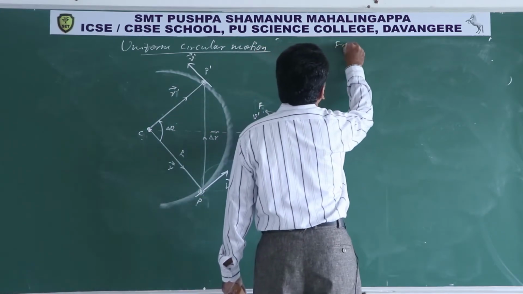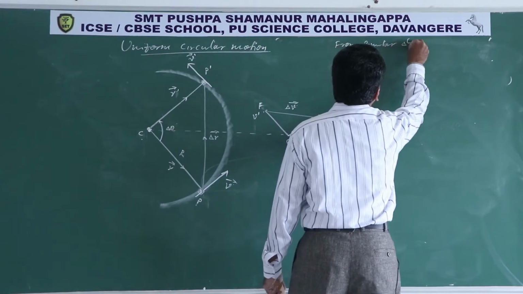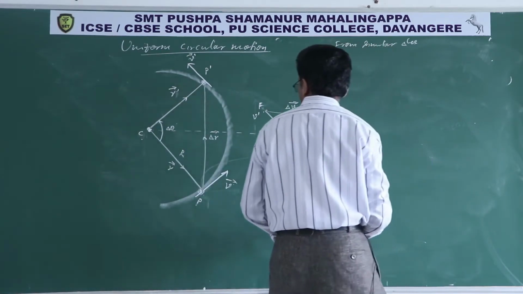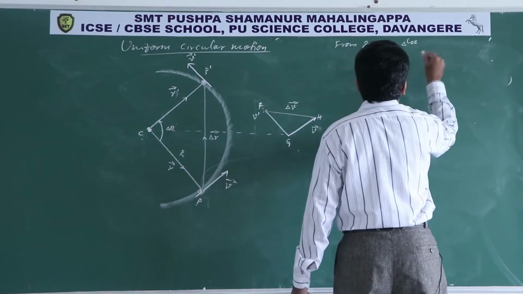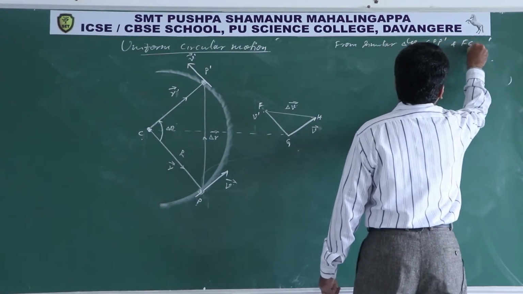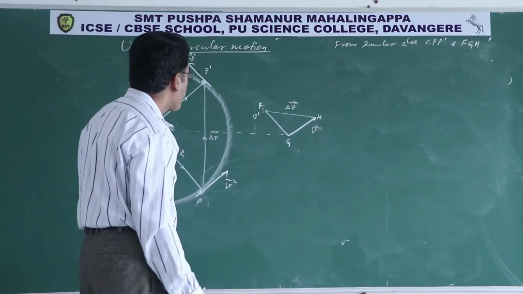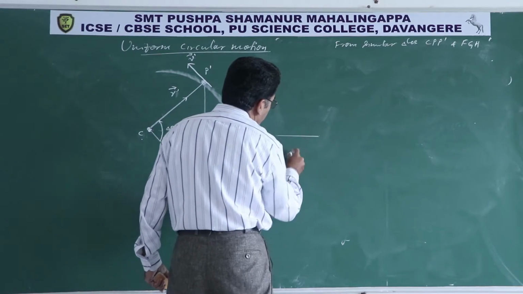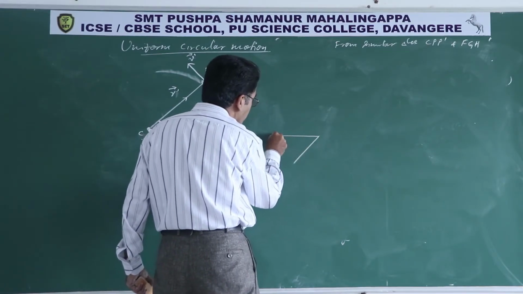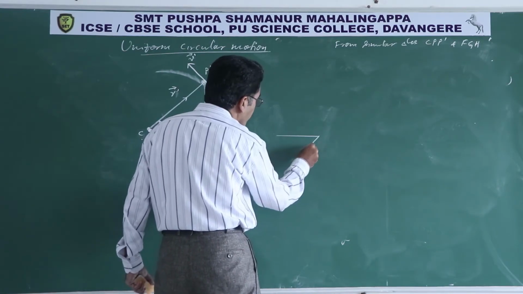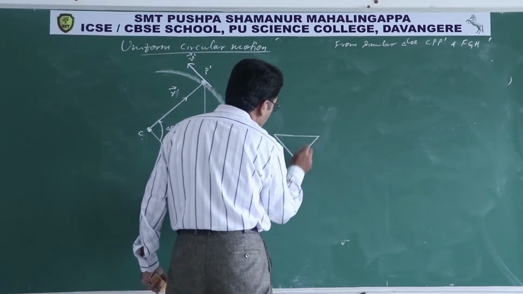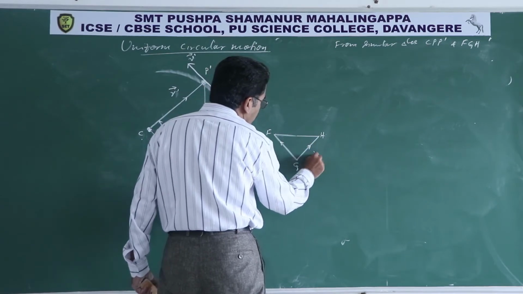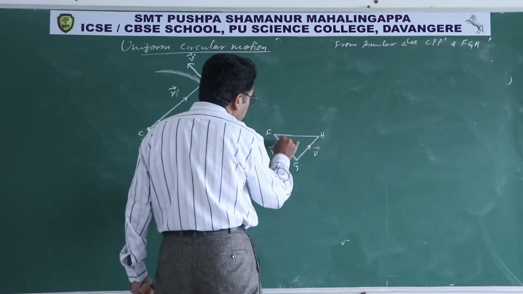From similar triangles, CPP dash and FGH, parallel to this, v dash, delta v.